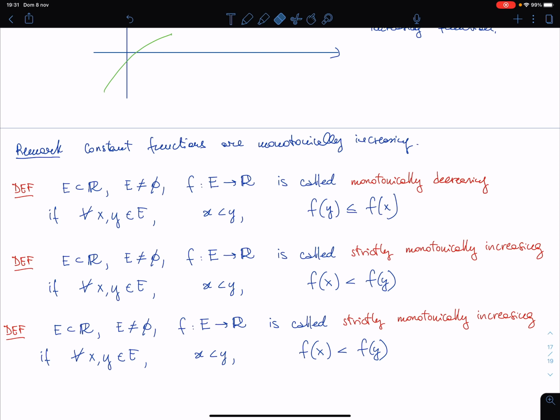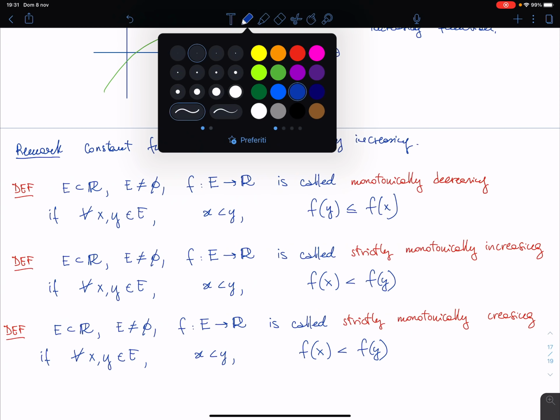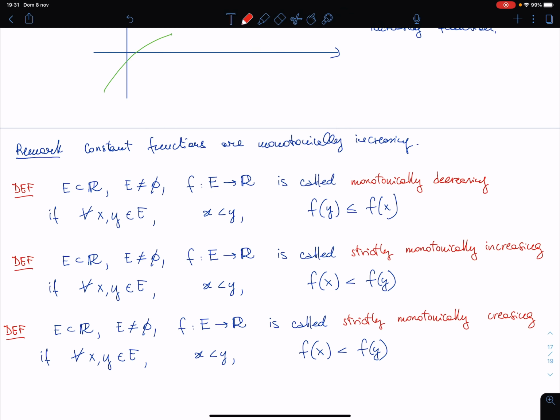A function is strictly monotonically decreasing if, again, for every x and y in E with x less than y, the image of the larger point y is smaller than the image of the smaller point x.